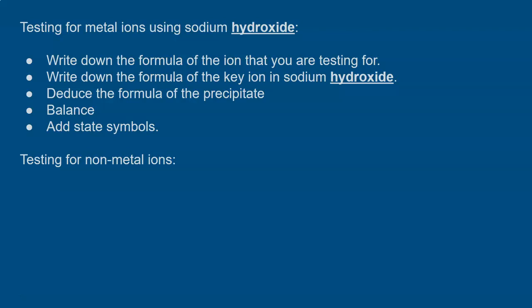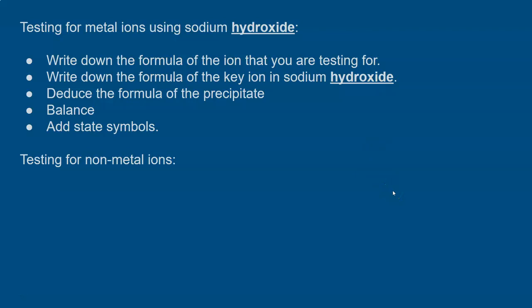So the formula of magnesium hydroxide is Mg(OH)2. So that means you need a 2 in front of the OH- aqueous to balance the equation. State symbols, well, your metal ion will be aqueous, sodium hydroxide is aqueous, and the Mg(OH)2 is of course a solid.